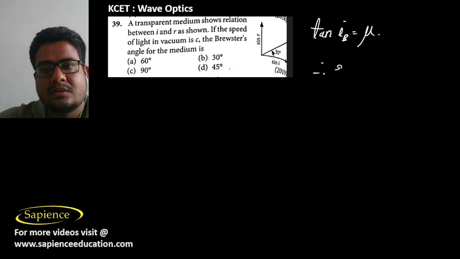So here y by x, so here the graph passes through the origin, the slope is tan 30.